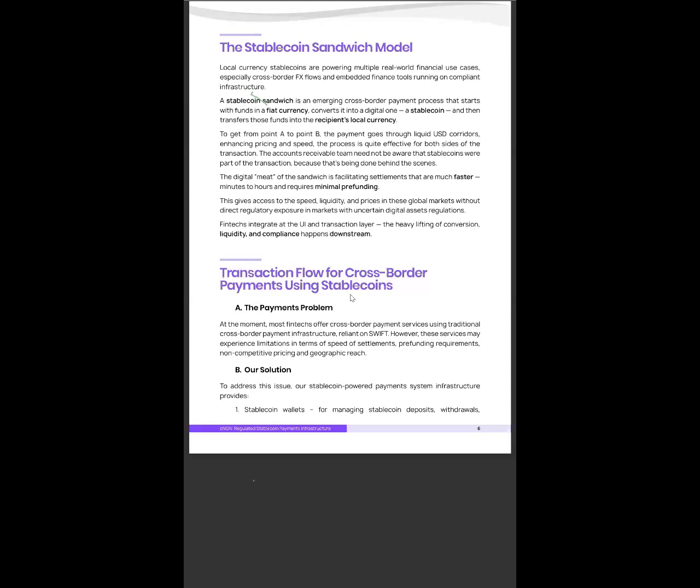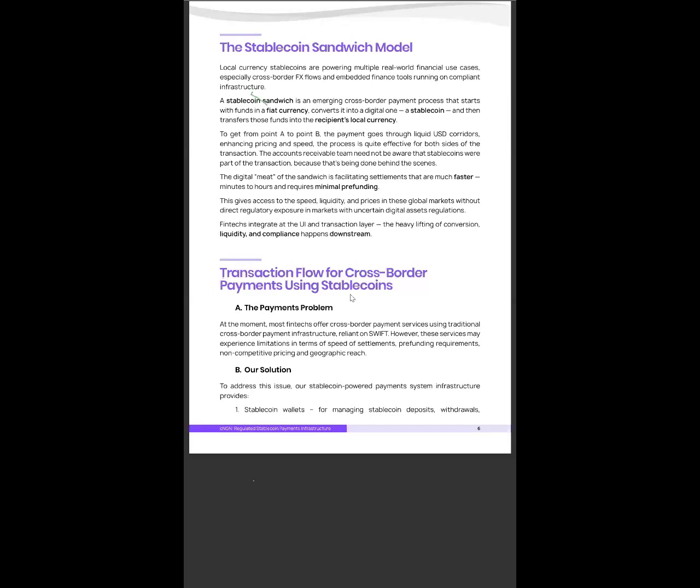With stablecoins, you can create your own startup that manages some of these transactions and some of these flows, right? It gives you that edge, that advantage, in a way that is compliant, in a way that is regulated, right?